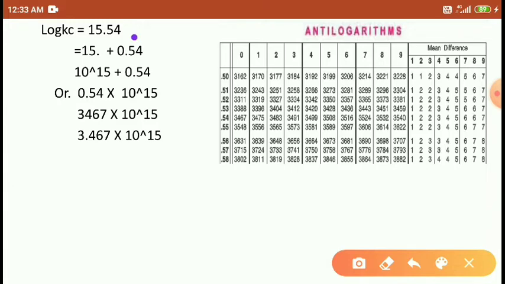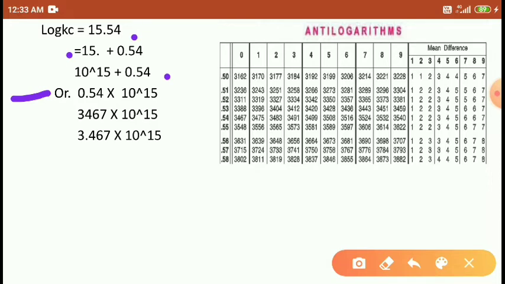So log Kc is 15.54, that is 15 plus 0.54. We separate the 15 and the 0.54, and the 15 is written as 10 to the power of 15, and the remaining is 0.54. This is rearranged and written as 0.54 into 10 to the power of 15.